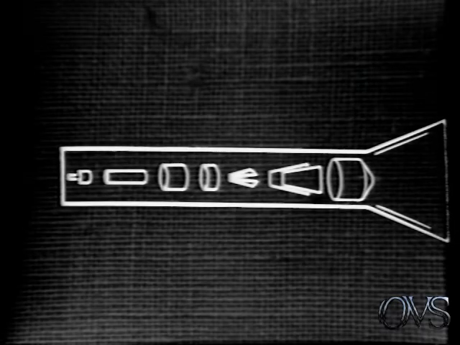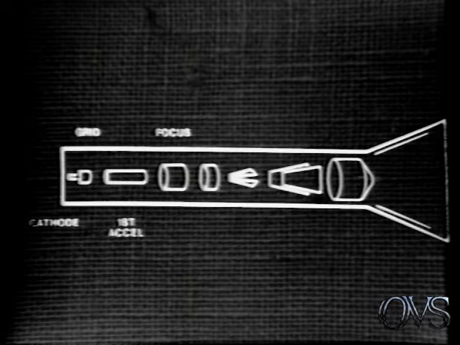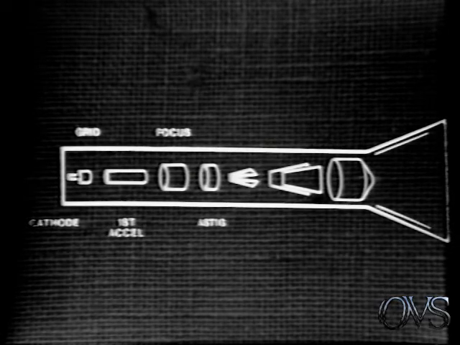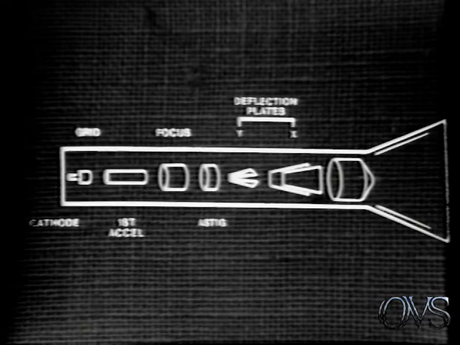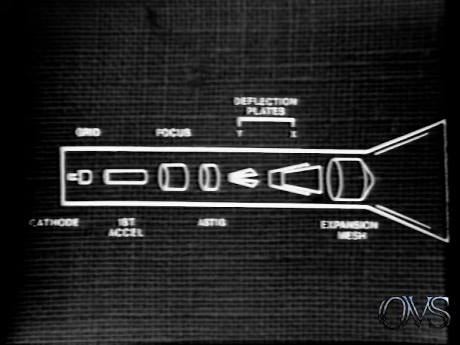Beam generation and shaping is accomplished with an electron gun which contains a cathode and a control grid and an electronic lens consisting of the first accelerator, a focus ring, and an astigmatism control element. Deflection is accomplished with X and Y axis deflection plates. The expansion mesh acts as a magnifying lens.